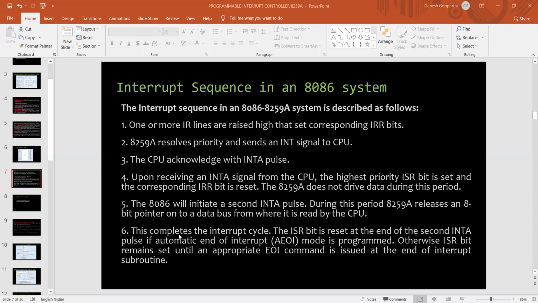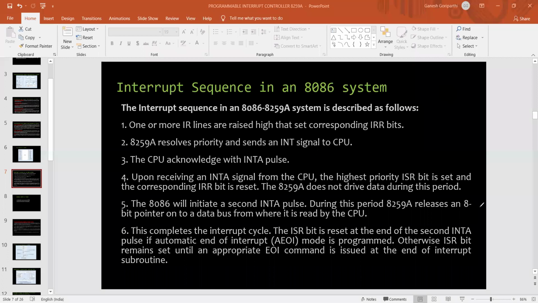Right. Next. So this completes the interrupt cycle. That means what? Once one interrupt is being served, then after it is being served, the 8259 is ready to accept the next set of interrupt requests. So this entire process is the interrupt request and serving process.